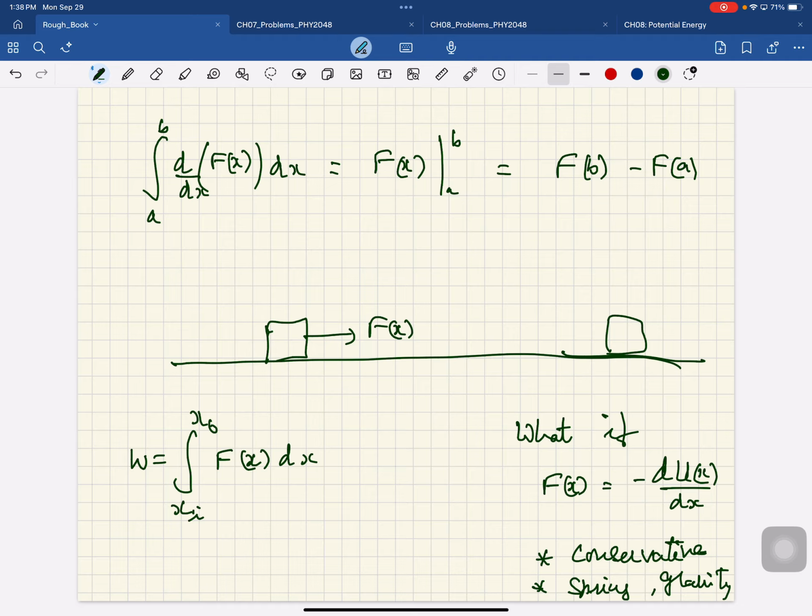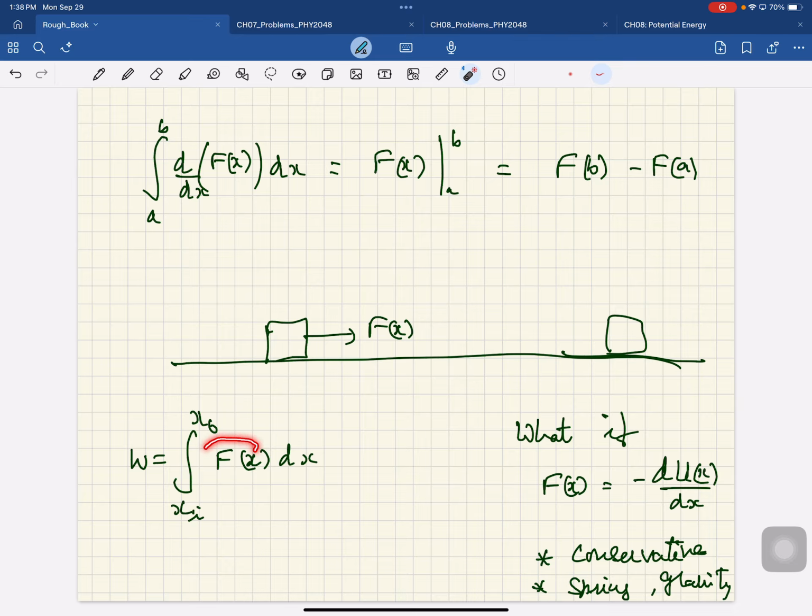Do you have a question? Yeah. Could you just explain that a little more conceptually? Okay, so this is how you calculate the work done by a force that is changing with position. This works all the time.